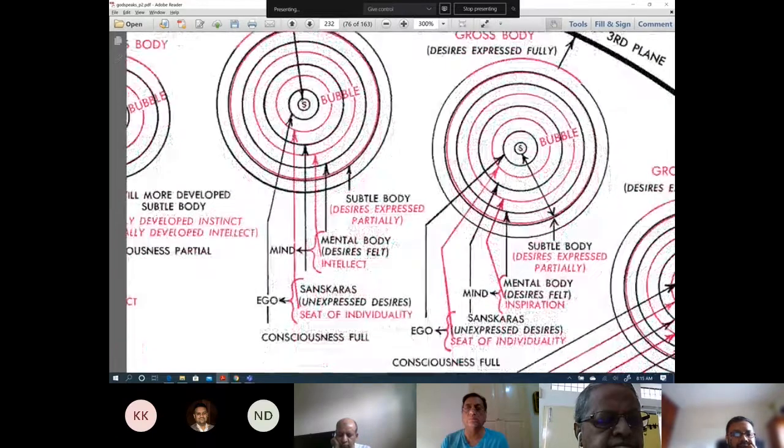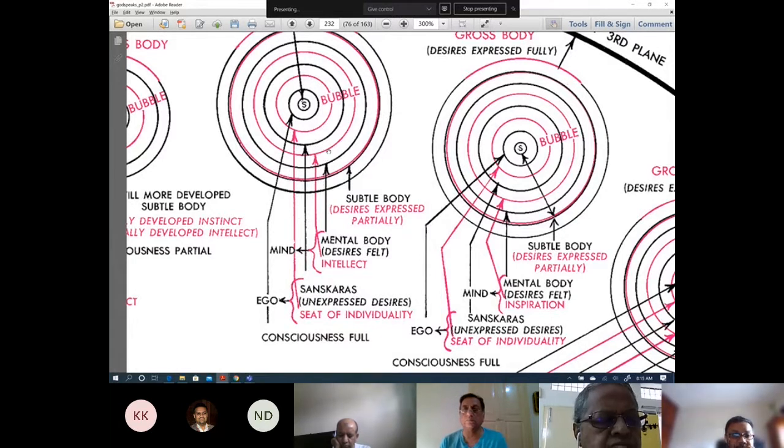Then the black circle after the small circle is the ego, where the consciousness is full. Outside that, you have the seat of individuality, the pink circle, right? And outside that, you have another black circle, which is the mind, the circle of the mind. Mental body, desires are felt, and that's the seat of intellect. That's the black circle, gentlemen.